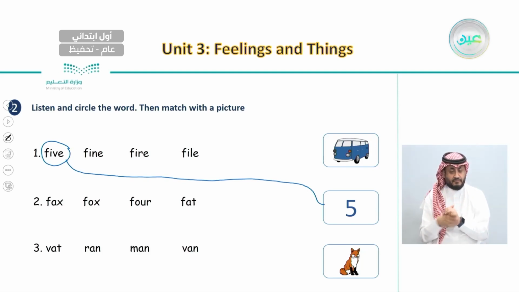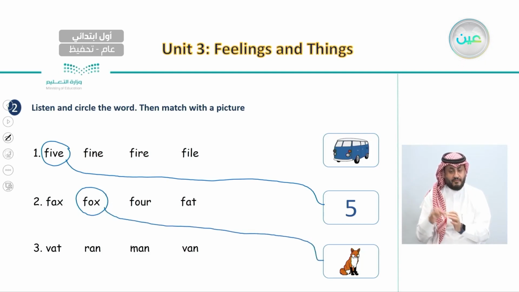Now let's listen to number two. Number two is fox. So which of these is the word fox? It is the second one. So here we go, we circle the second one and we match it to the picture, fox, which is an animal.